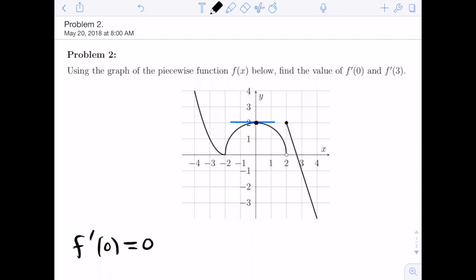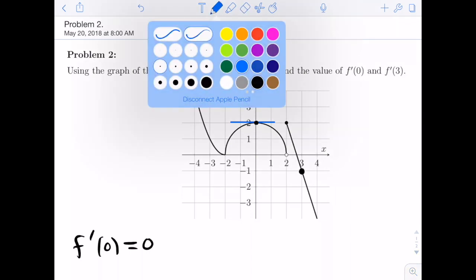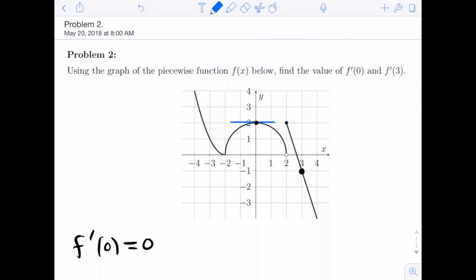Now for the next one, f prime of 3. So if we go over to x equals 3 and we go down, at that point we want to figure out what the derivative is. Remember, the derivative at that point is the slope of the tangent line. So really what we're doing is drawing a tangent line to that point.